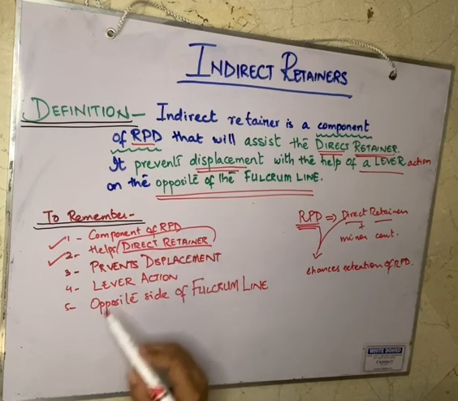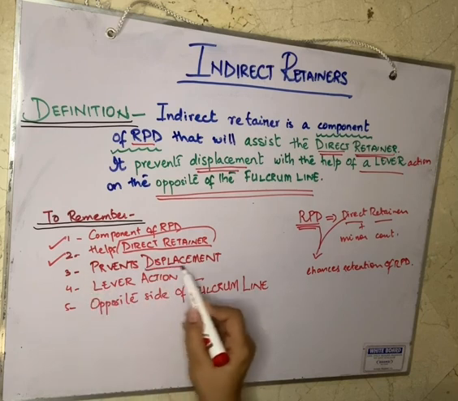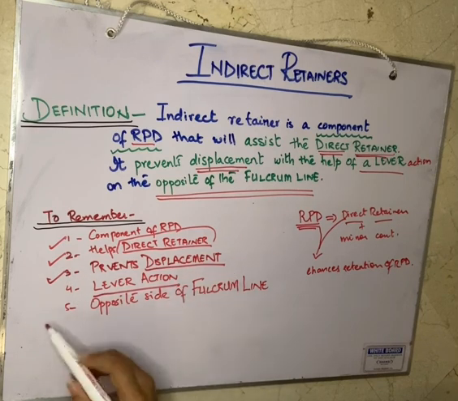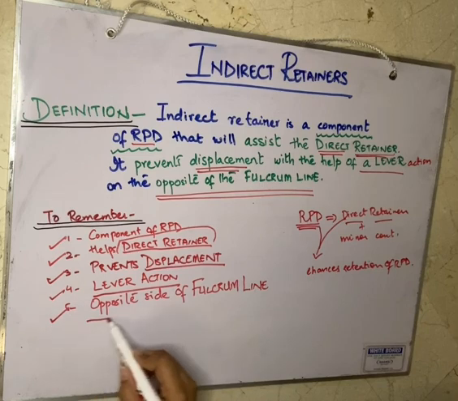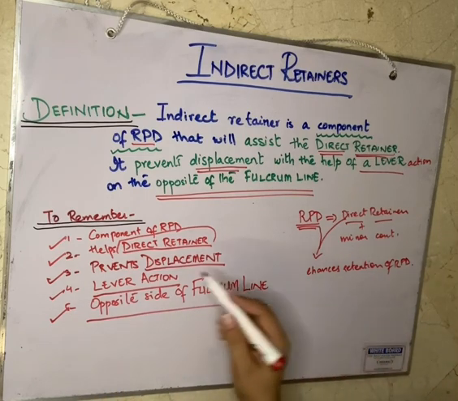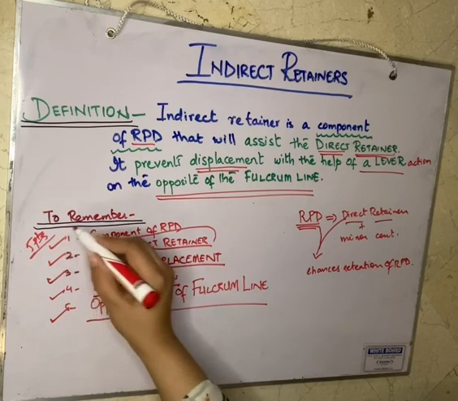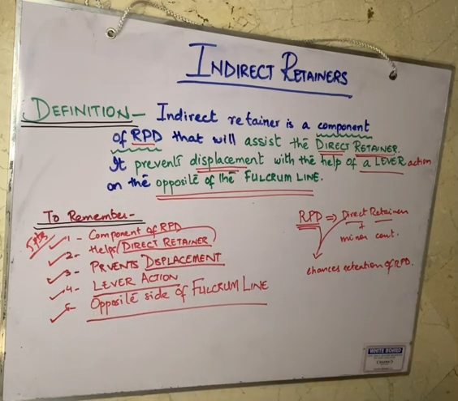So: component of RPD, helps direct retainer, prevents displacement by lever action on the opposite side of the fulcrum line. If you remember these 5 points, it will be easy for you to memorize the definition.